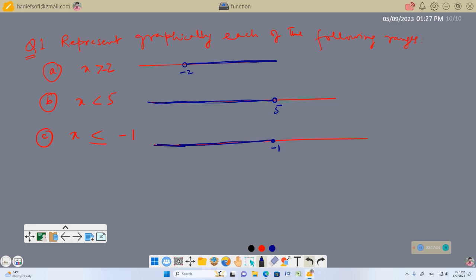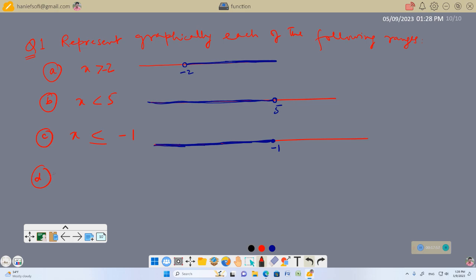So graphically, all the numbers to the left of minus 1 as well as minus 1 is my range of x, right? Compared with part A and part B, where minus 2 and 5 were excluded from the range, in this part C, minus 1 is included in the range. Let me do another thing.